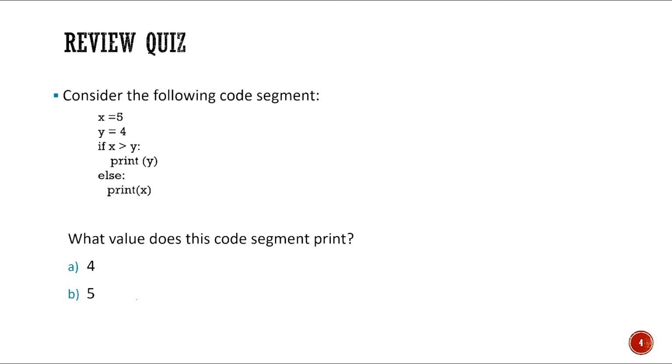Y is equal to 4. Otherwise, print x. So the first condition is correct, so we print y, which is 4, and we don't execute the other because it's the else condition. So the right answer here is 4, print y. This condition holds, so we don't have to go through the rest.